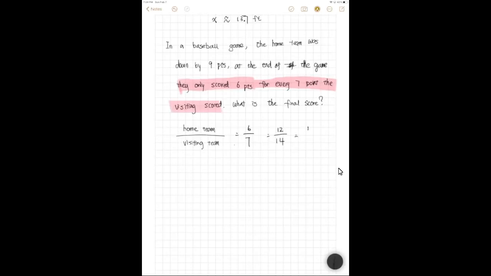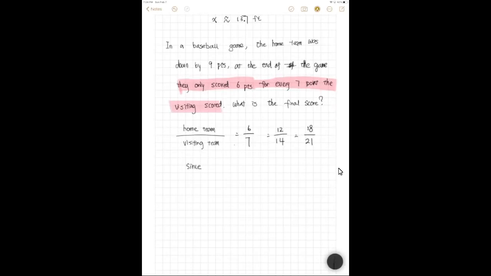And if they score 18, there are 3 sixes in it. So the visiting team is going to score 21, correct? We know that the ratio of the home team over the visiting team always remains 6/7.